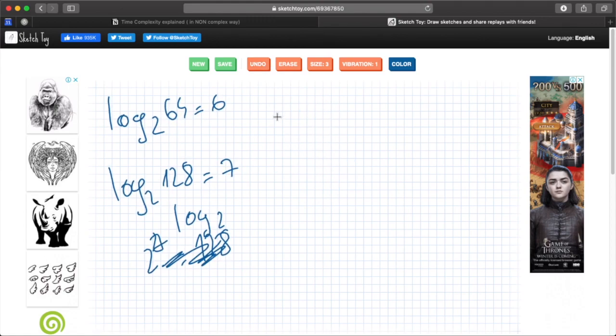And if you choose a different one, log base 2 of 256, then we have, this is 7, so this is 8. If you multiply this by 2, you will get this number, and this is 7. I mean, this is 8.